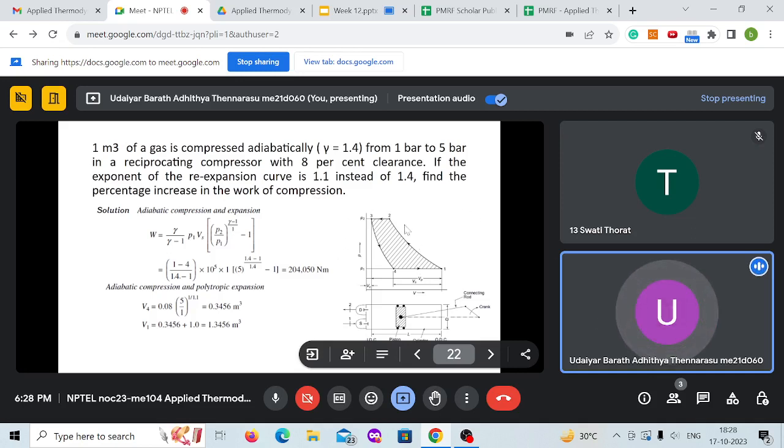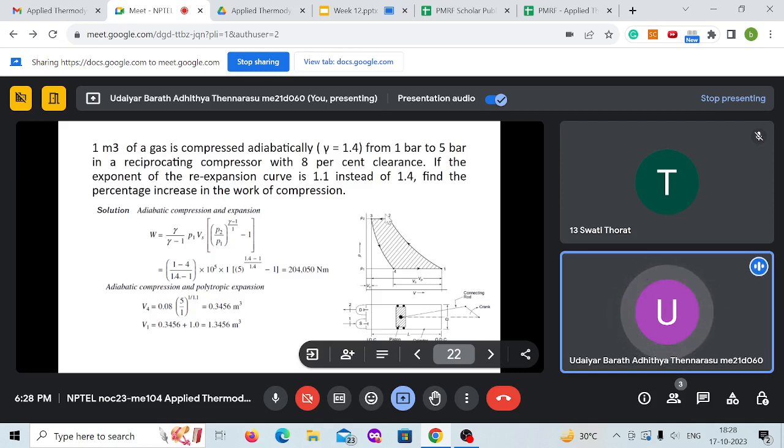A schematic representation is shown here. This is your reciprocating compressor, the piston arrangement, and you have a delivery valve and a suction valve here, and this is the process it takes. 4 to 1 is your suction, where the fluid comes in, then 1 to 2 is where the fluid gets compressed.